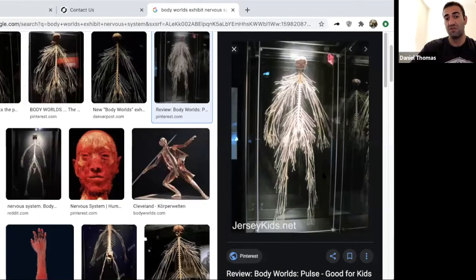So I'm going to look up this body world nervous system. Here we go. Nervous system, man or woman. So this is basically isolated only the neurons in the body. This is what the average person looks like if you were to strip them down to their neurons.